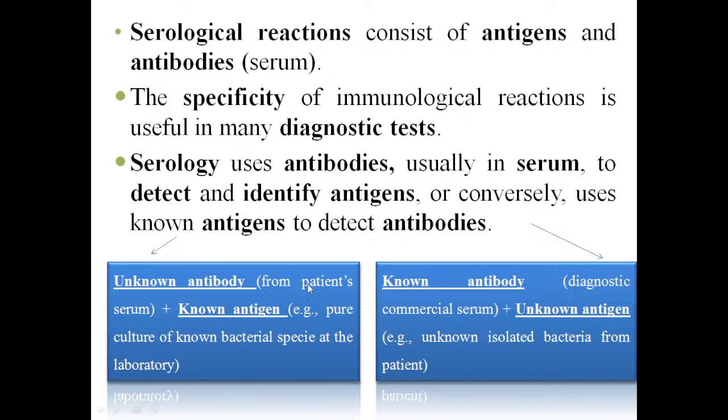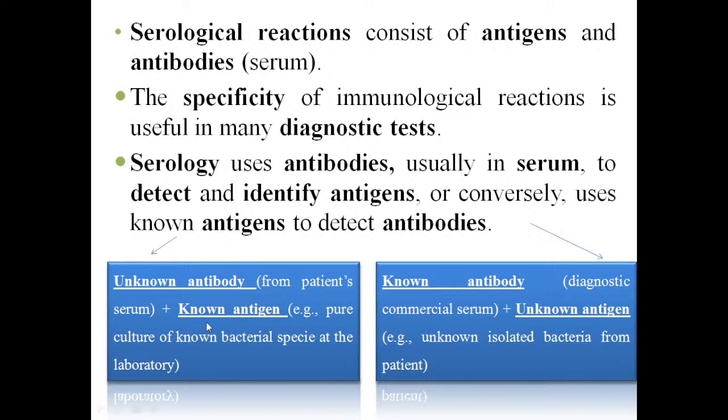We collect serum from the patient with antibodies, and we don't know what these antibodies are and which bacteria caused production of these antibodies. If we use unknown antibodies, we should use known antigen. What is known antigen? It is pure culture of known bacterial species in the laboratory.